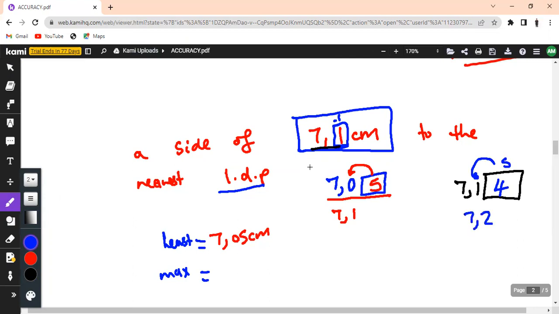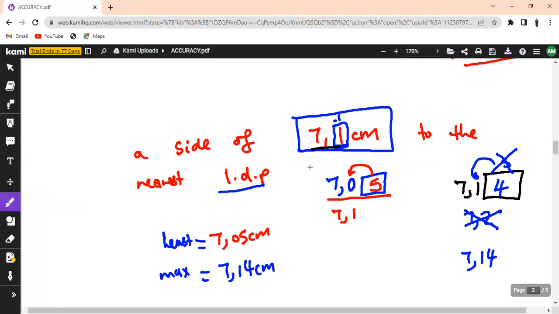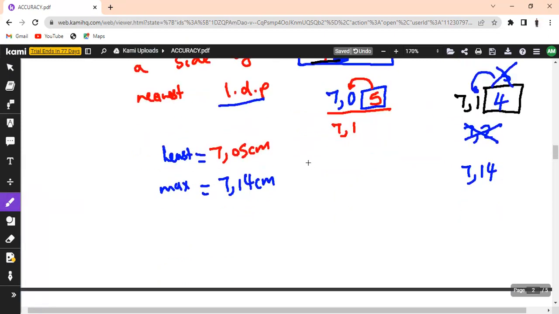Because if it is like 7,2, this is now wrong. Okay, so it means 5 is wrong. So we are going to use 4, which is 7,14, like that. Okay, so it's going to be 7,14 centimeters.